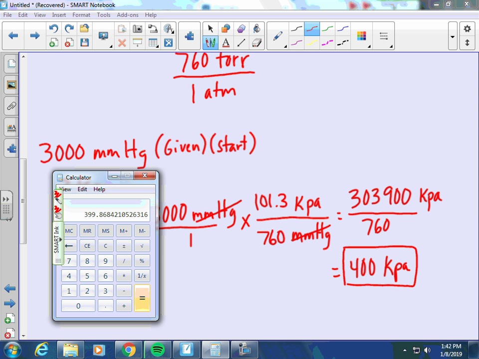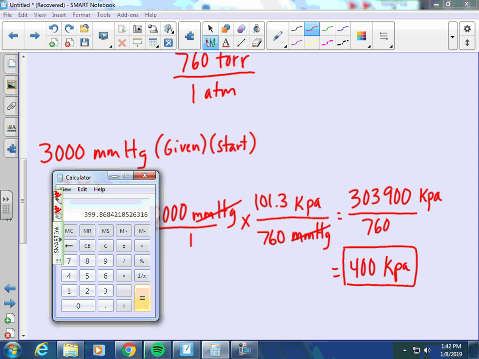Now, we talked about sig figs earlier in the year. That stuff was not covered in other chemistry classes, and it will not be part of your test or your exam. You don't have to worry about that. But now you are going to be having multiple choice tests and exams. So if you get a number like that and look at the choices and don't see 399.86, look for the number that's closest to it.